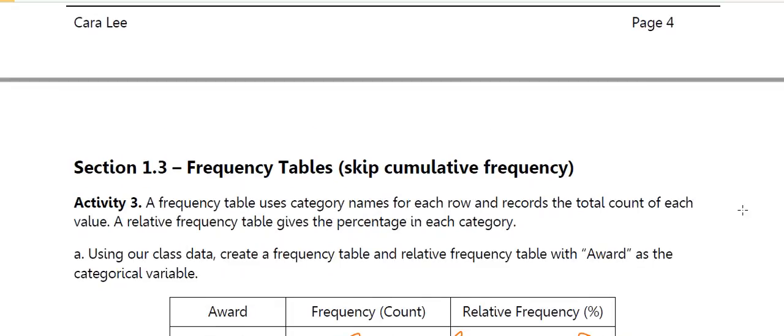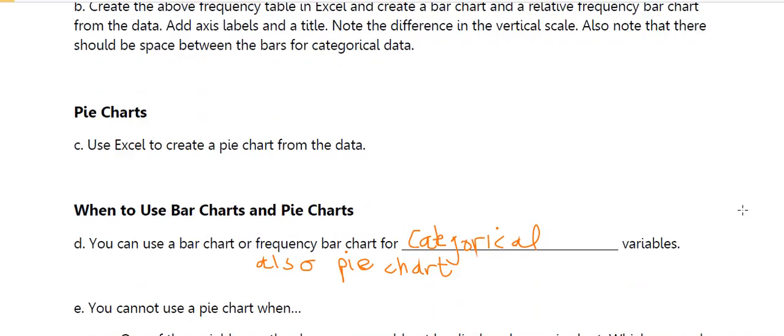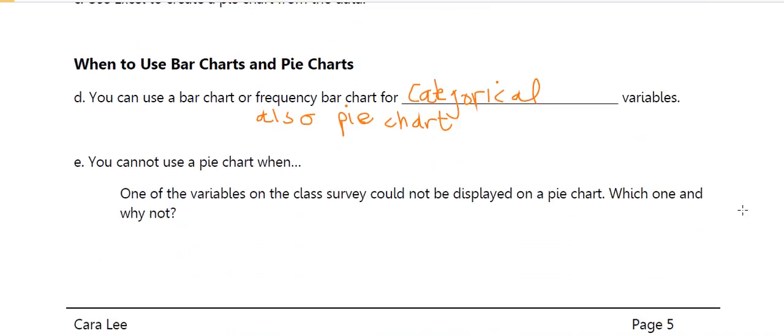So let me go back down. Okay, so it is the pet variable. Let me write the pet variable because more than one option can be selected.